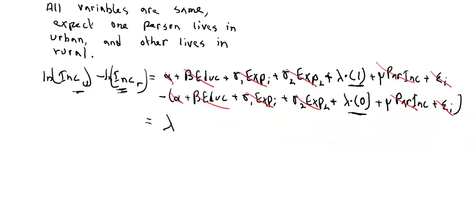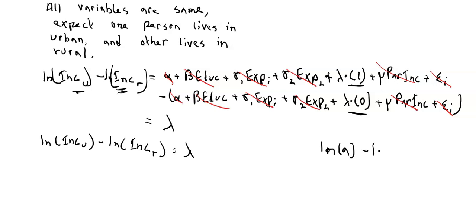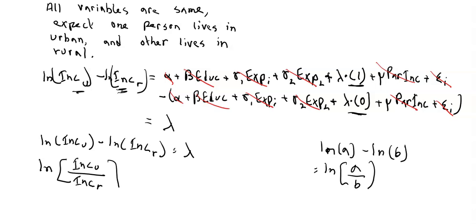So ln of income of urban minus ln of income of rural equals lambda. One thing we know about natural logs is that ln of a minus ln of b equals ln of a over b. So we can write this as ln of income of urban over income of rural equals lambda.